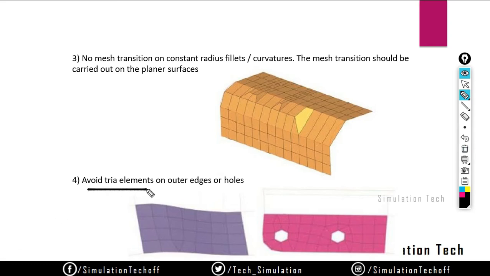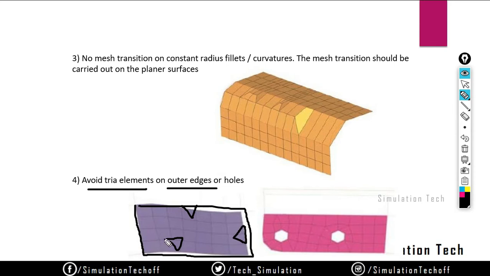And avoid triangular elements on the outer edges or holes. So these are the outer edges. You can't create triangular elements like this. You should not have a triangular element like this, and like this also. In between, that is not an issue. And likewise, if you have a hole like this, you are not supposed to create a triangular element which is narrowed by the hole. You can create one here, but it is not recommended.